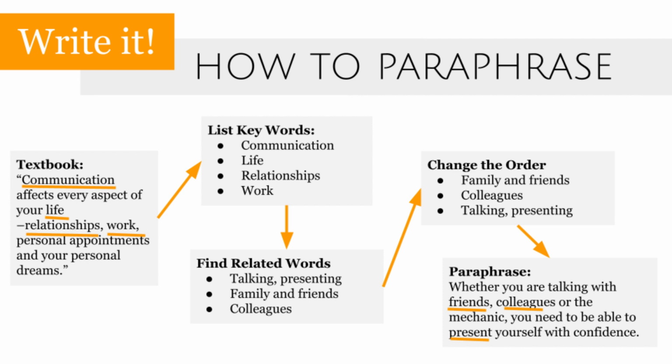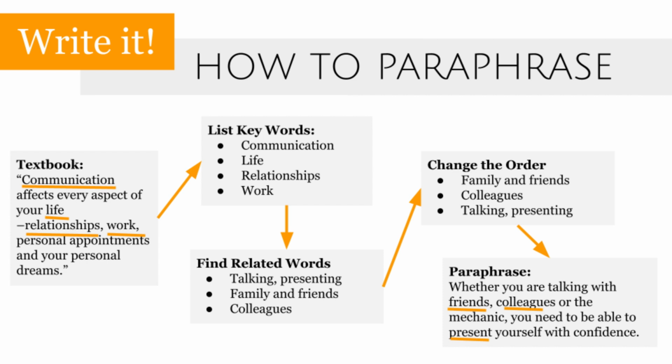So here's a couple tips if you want to put it into your own words. This is the cheat sheet. So you might want to list some of the keywords and what they say. So communication is a keyword, life, relationships, work. And then you can replace them with synonyms. But remember, you don't want to just replace those particular words.